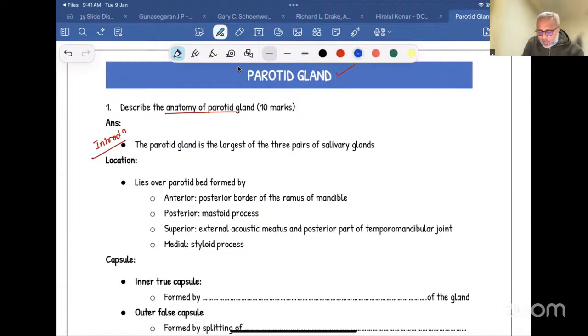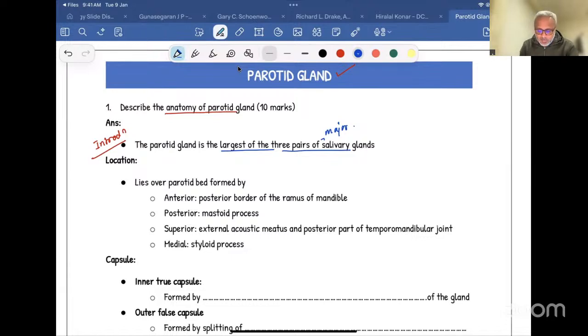As we know, the parotid gland is the largest of the three pairs of major salivary glands. So we have parotid, submandibular, and sublingual, out of which the largest major salivary gland is the parotid gland.